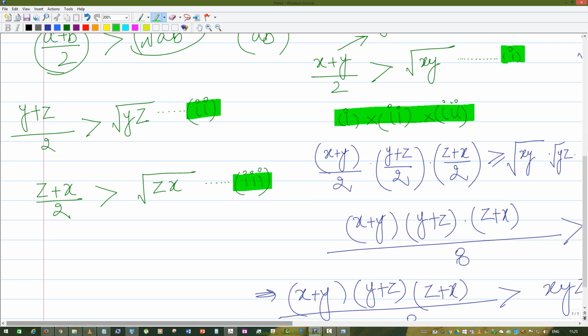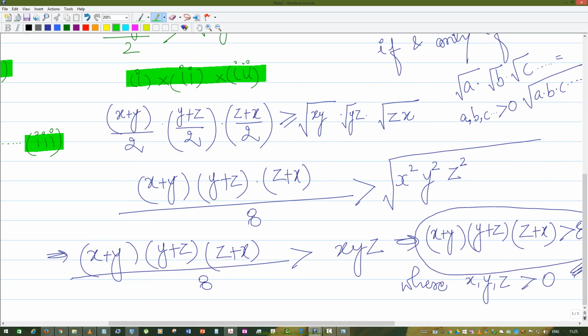What we ended up with as a result is (x plus y)(y plus z)(z plus x) upon 8 is greater than the square root of x square y square z square.